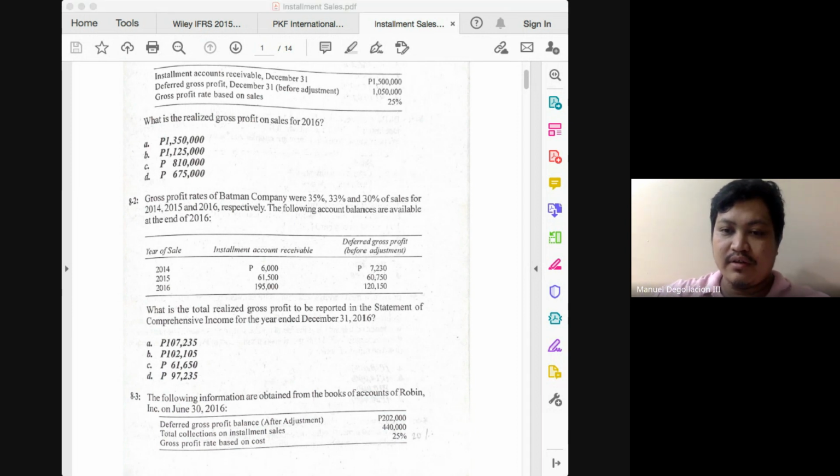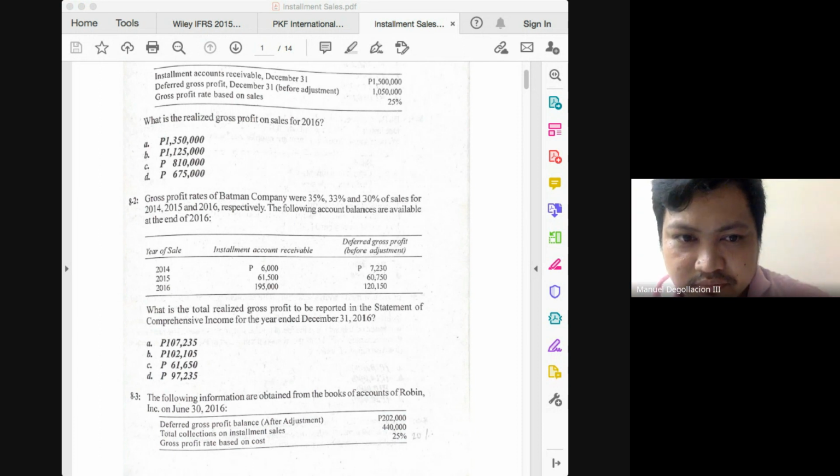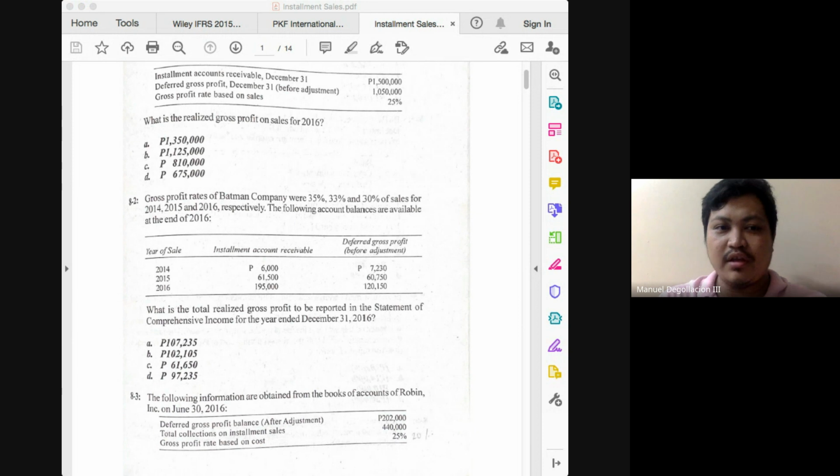And if you add all the realized gross profit from your 2014, 2015, and 2016, you will arrive at a total of 107,235.